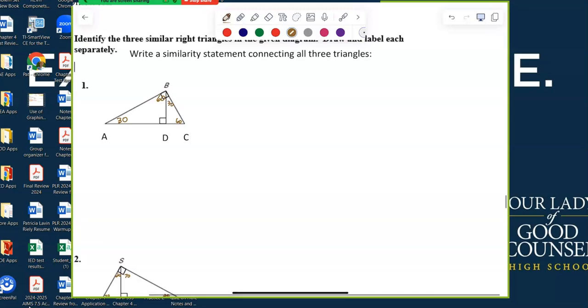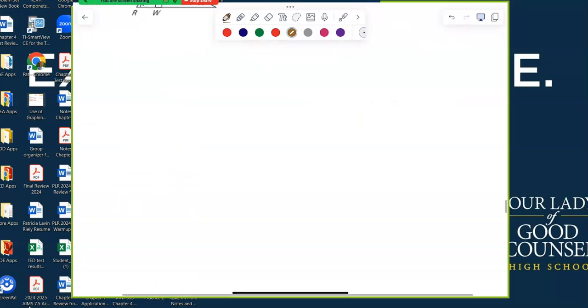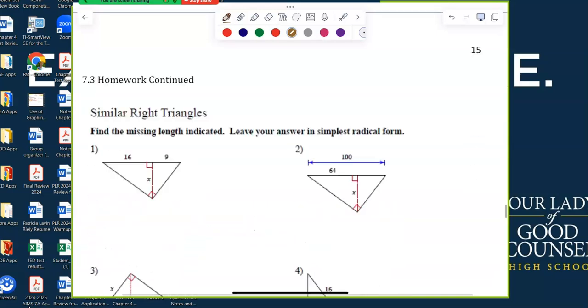And remember, you've got to have the big triangle is similar to what? The medium triangle, which is similar to the small triangle. And I went into great detail how to set that up, so go back and look at the notes. What else do we know?